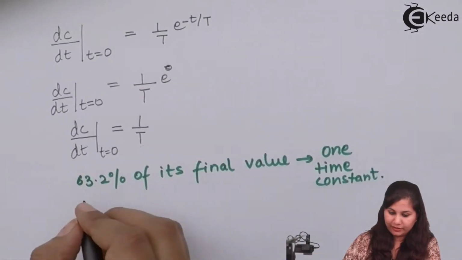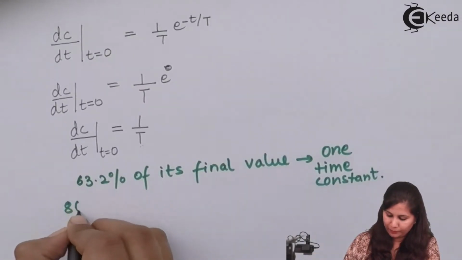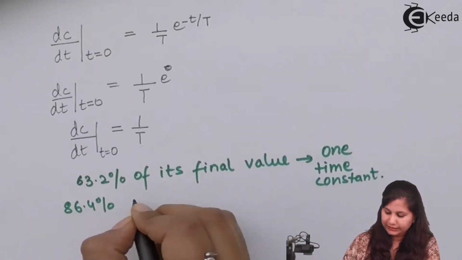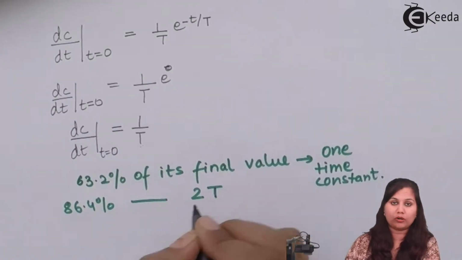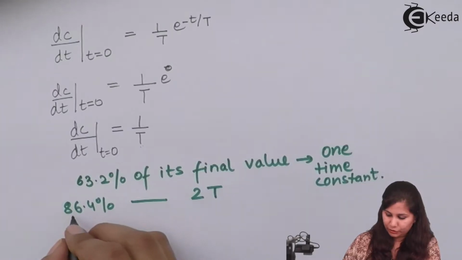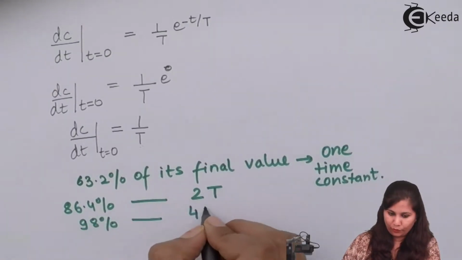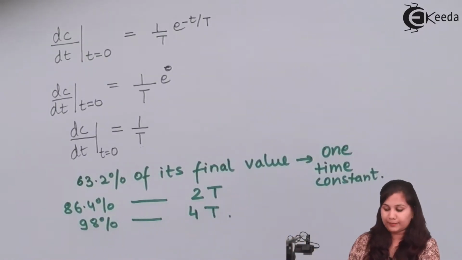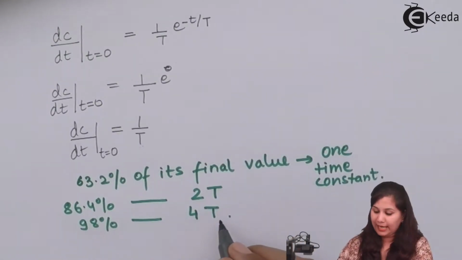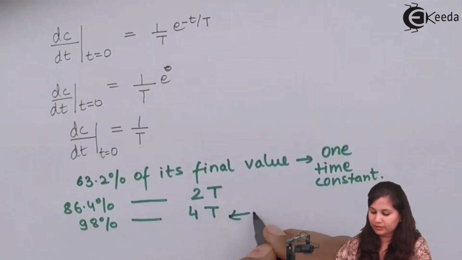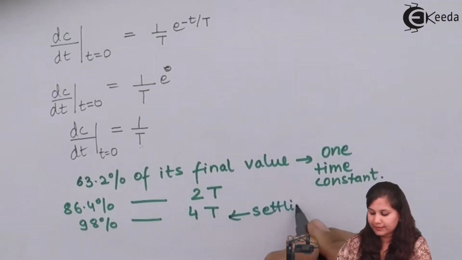If it has reached 86.4% of its final value, then it is equal to 2 time constants. And if it has reached 98%, then it is equal to 4 time constants, that is 4T, and this 4T is called the settling time of the system.